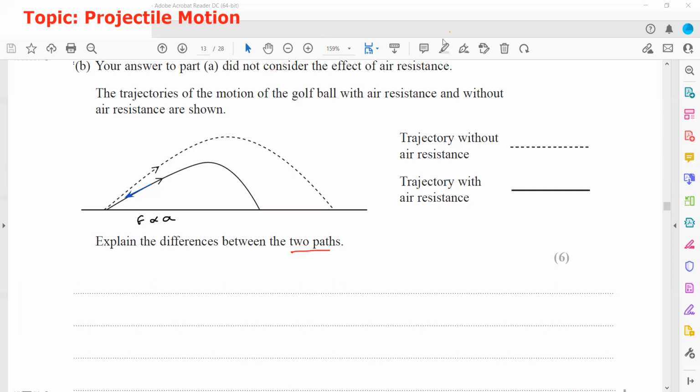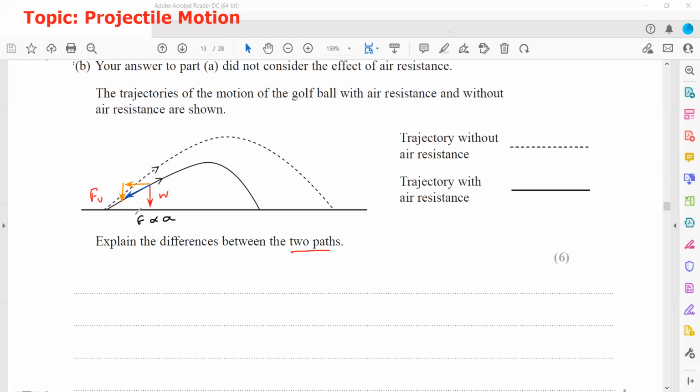Air resistance is also making an angle. The horizontal component will be there for air resistance and a vertical component for air resistance. And air resistance always tries to oppose the motion. And weight is already acting downward, and the vertical component of air resistance is also acting downward.